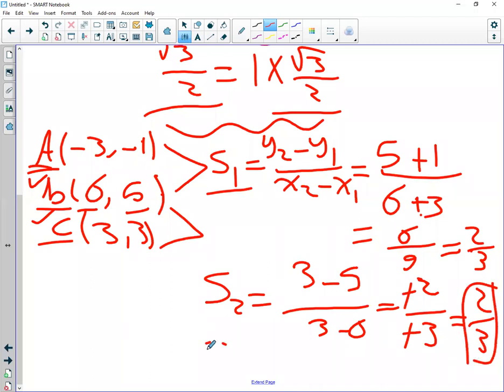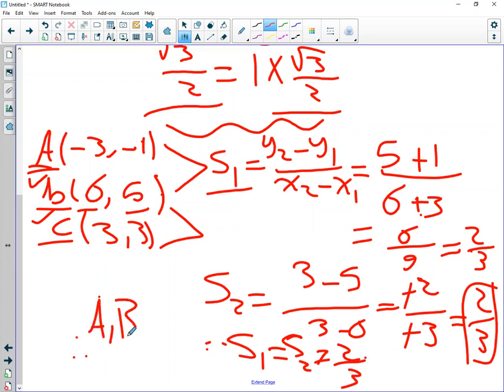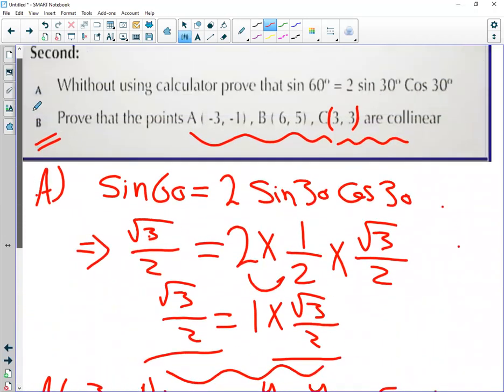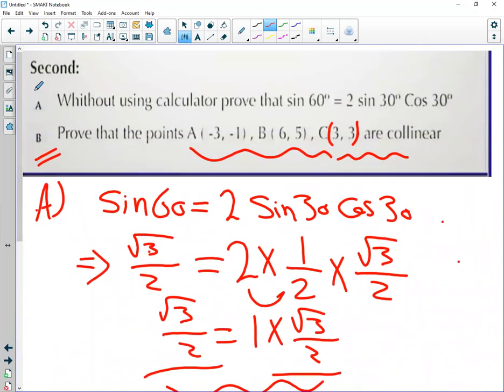Since slope number 1 equals slope number 2, each of them equals 2/3, then the points A, B, and C are what? Are collinear. Okay? You understand? Okay, this is example number 2.